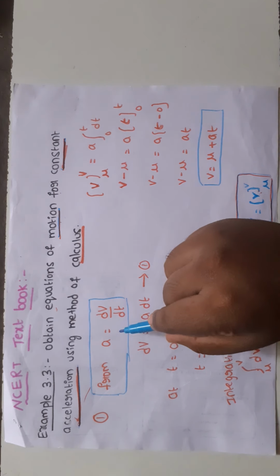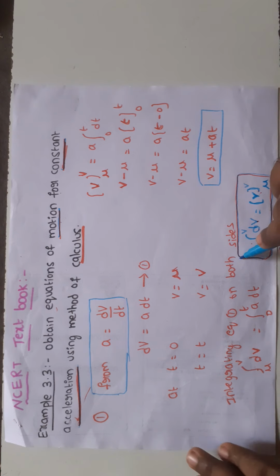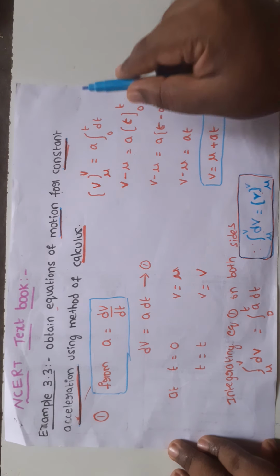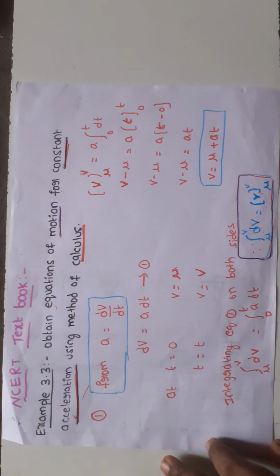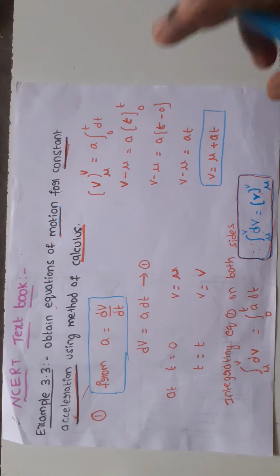If you forget the acceleration formula, the derivation is very difficult. Also, here we are using the new integral formula. Please remember, integral of dv equal to v, integral of dt equal to t. That is the derivation of the first equation.